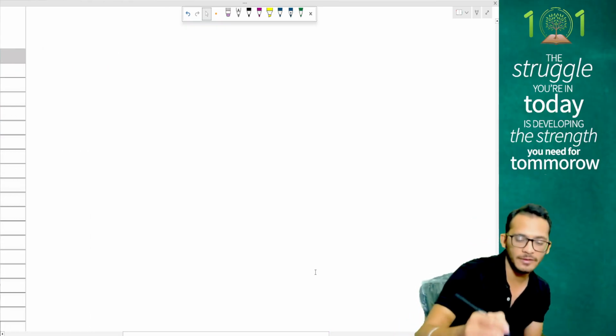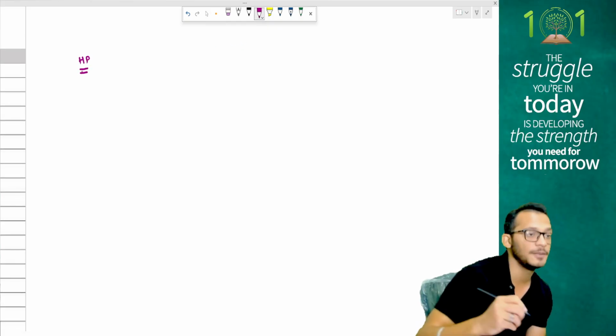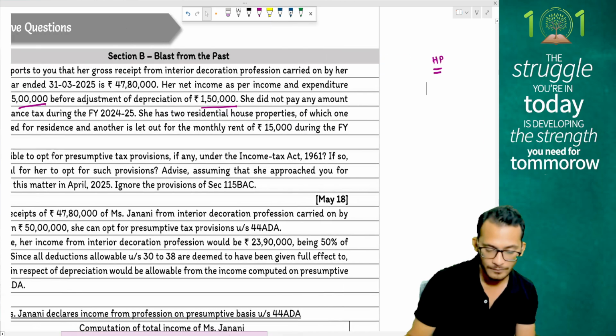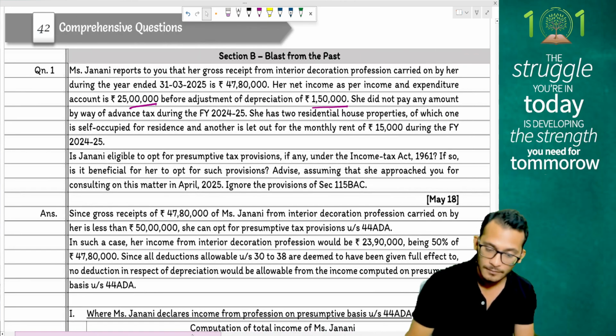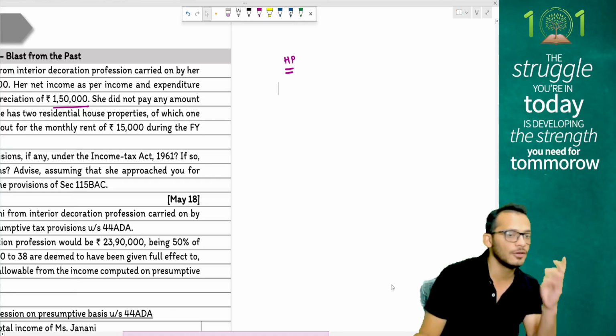Before that, let's put out our heads of income. The first head of income I have is house property. I have one SOP and one LOP. For the SOP nothing is given, no interest is given, so I am ignoring the SOP piece.